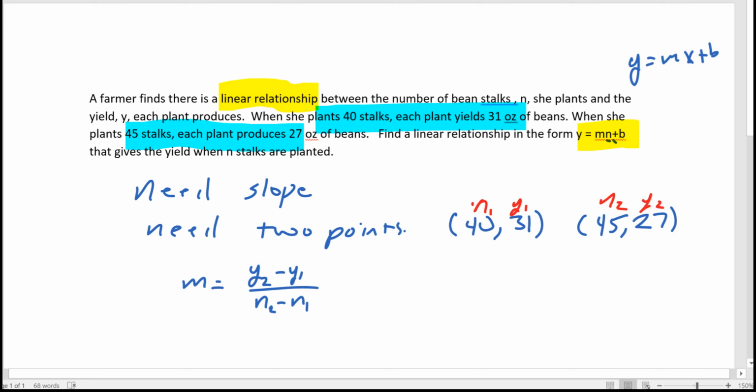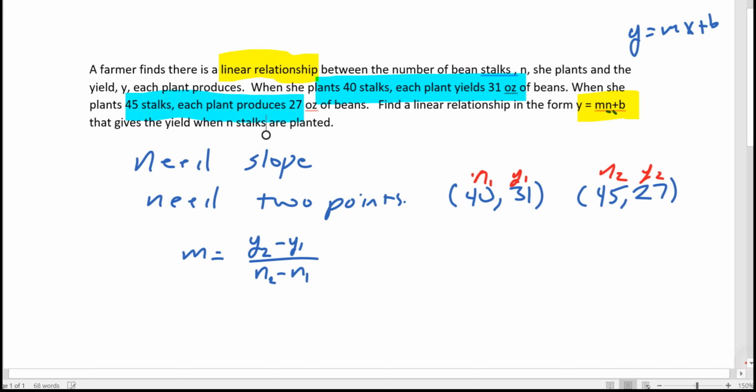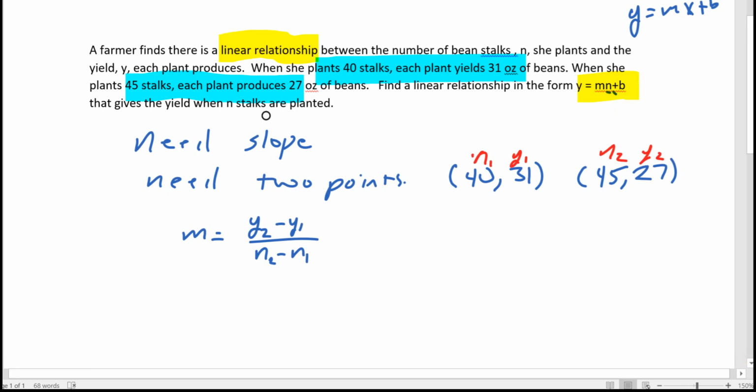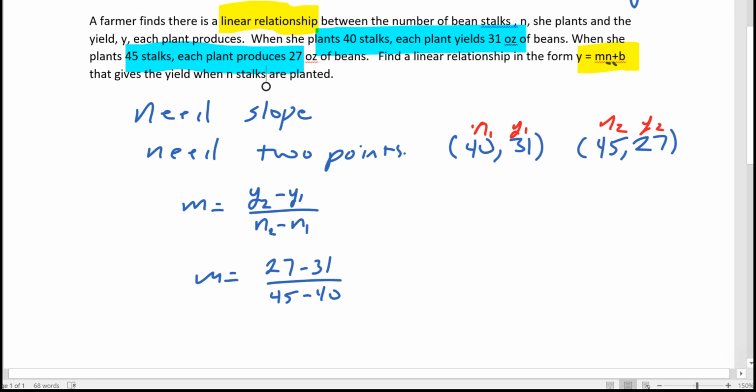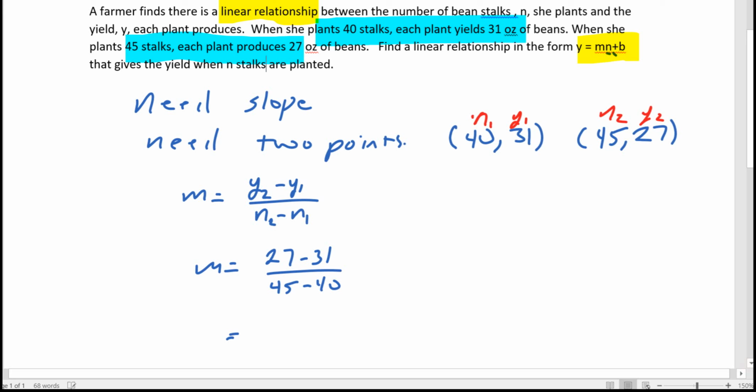That'll help you when you go to substitute things in to not accidentally put the wrong number in for the wrong variable, okay? So y2 is 27, y1 is 31, n2 is 45, n1 is 40. So there's our slope. 27 minus 31 would be negative 4 over 5. So we would have a slope of negative 4/5.